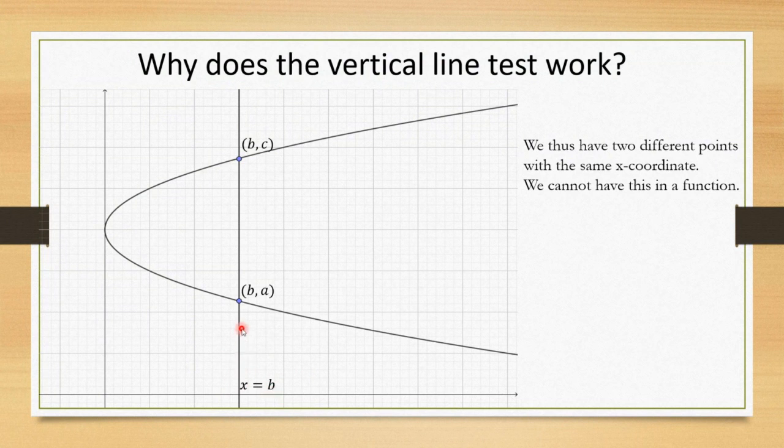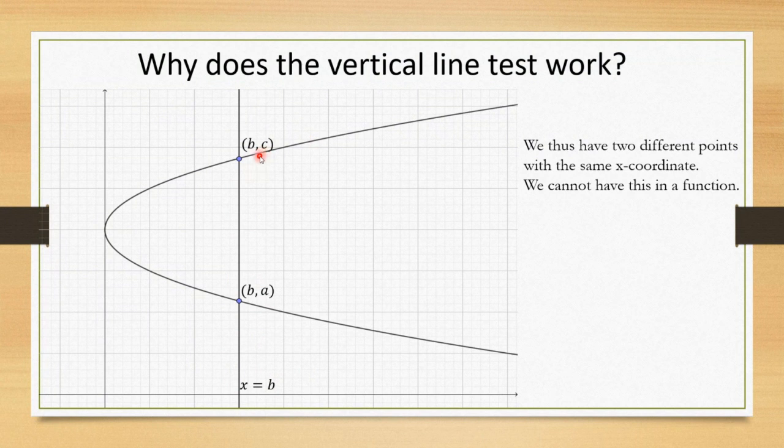If this vertical line intersects the graph twice, those points of intersection have x coordinate b, as you can see. So in other words, you have two different points, or possibly more, with the same x coordinate. We saw that can't happen.